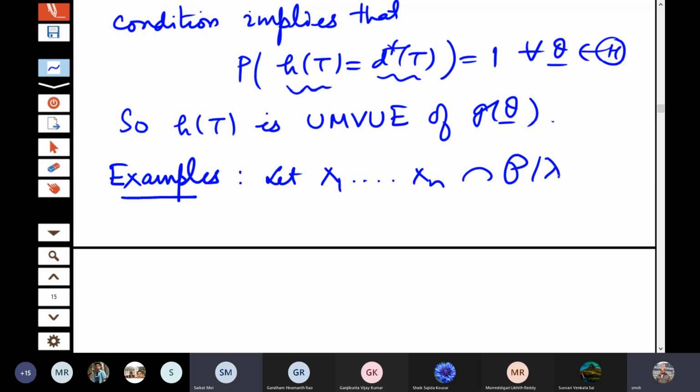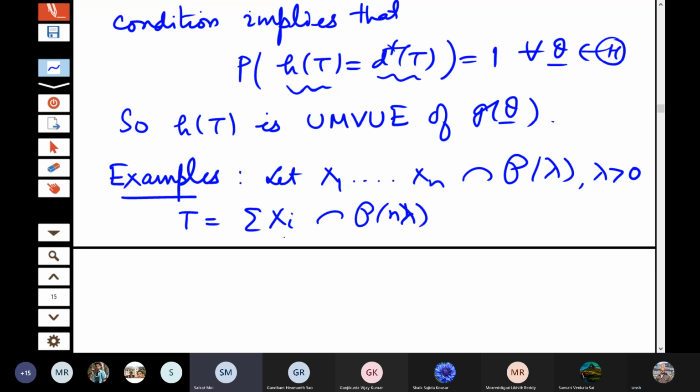I am generally starting with the Poisson distribution or the exponential distribution, because here the mathematics is nice. Here T equal to the sum of Xi follows Poisson(n lambda), and T is complete and sufficient, which we have shown.